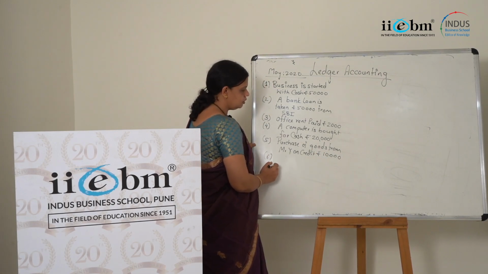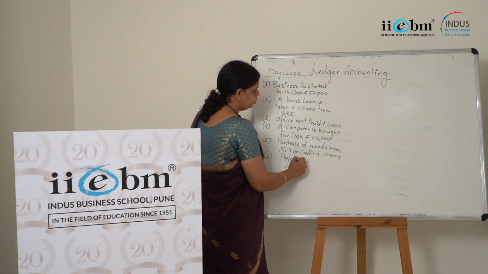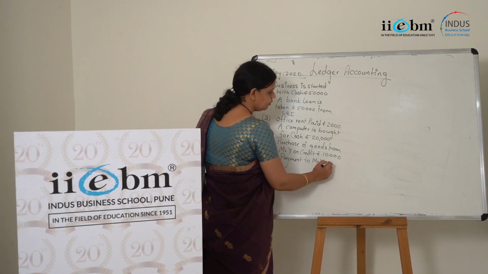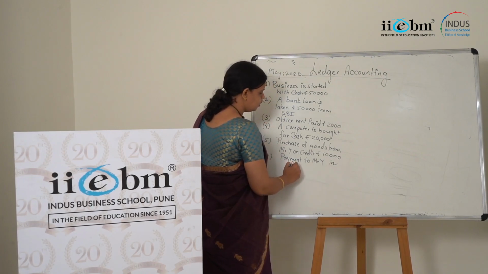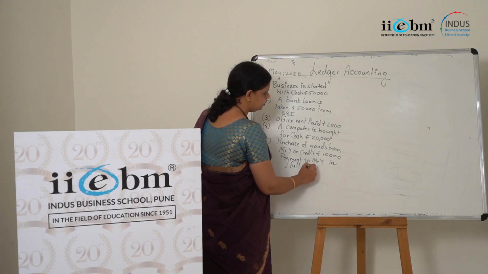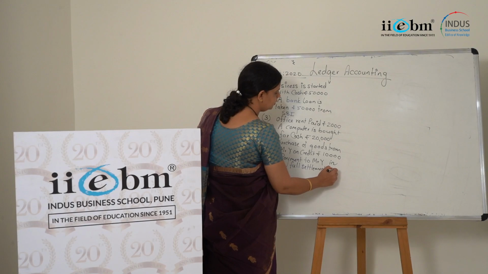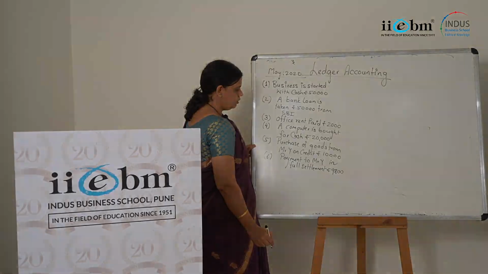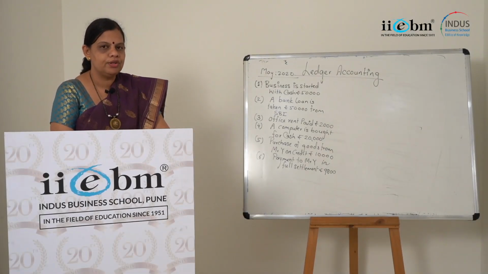Transaction number 6: payment to Mr. Y in full settlement, rupees 9,800. So there are 6 different transactions written on the board. Now for 6 different transactions, maybe there will be 12 different ledger accounts.